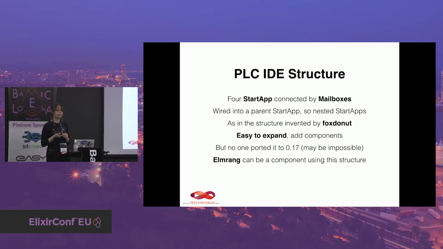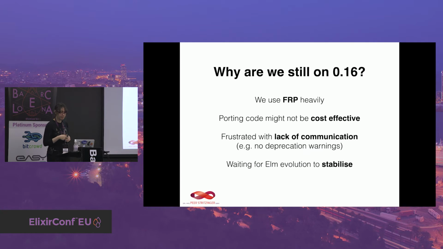But it was never ported to 0.17. It might be impossible. It might be possible. I'm not sure it's worth the trouble. And so this is why we're still on 0.16. This works. As you saw, it still works. Still 0.16, solid. And we used FRP heavily. And yeah, it's a bit awkward to change it. And also, this project has a budget.